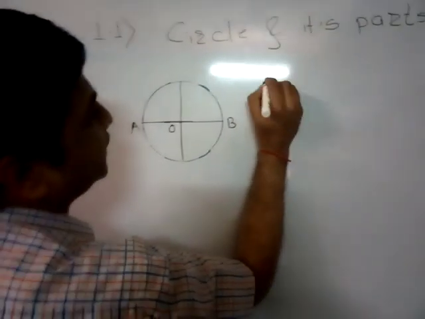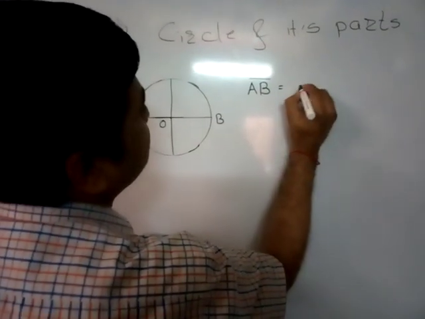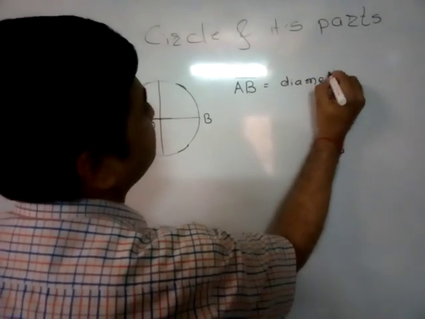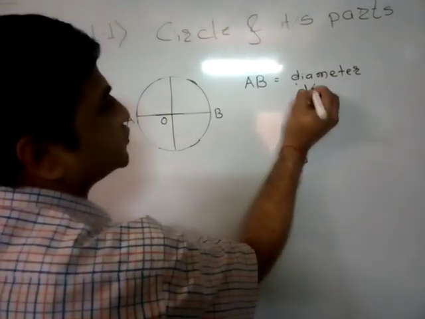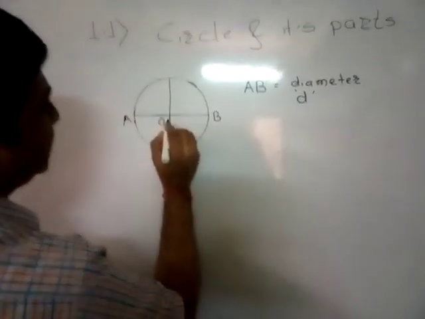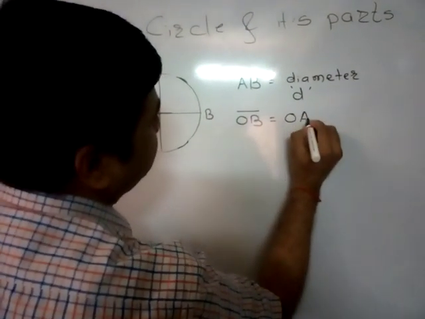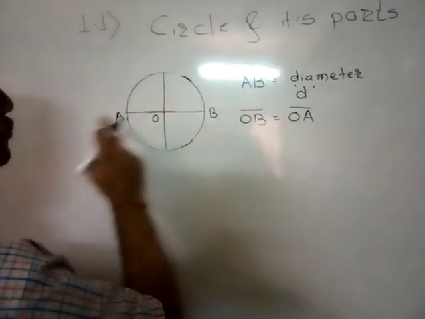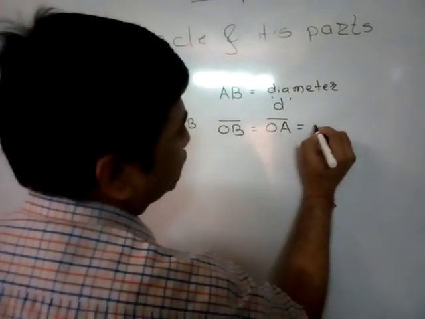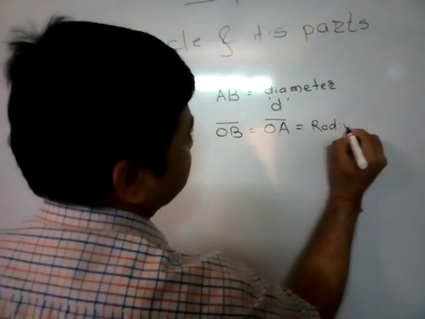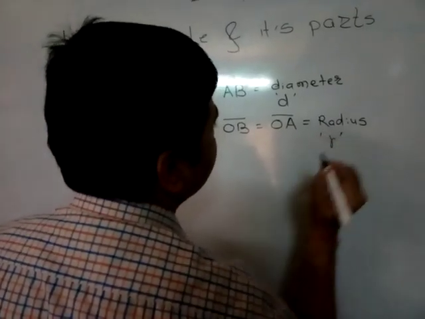The segment or the part of a line we show by a dash heading. Line segment AB is known as the diameter of the circle, and it's shown by the alphabet D. So diameter is shown by D, where OB and OA, which are at the same distance from the center, are known as the radius of the circle, and it's shown by small alphabet r.